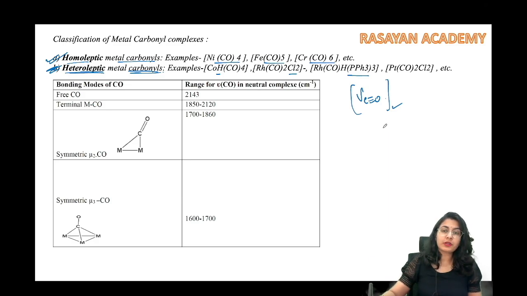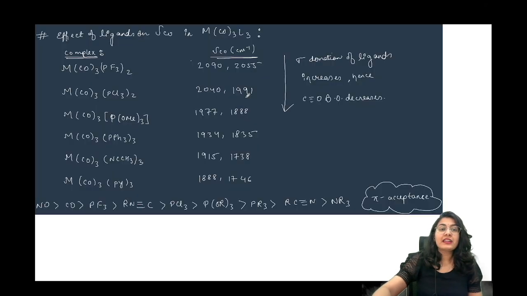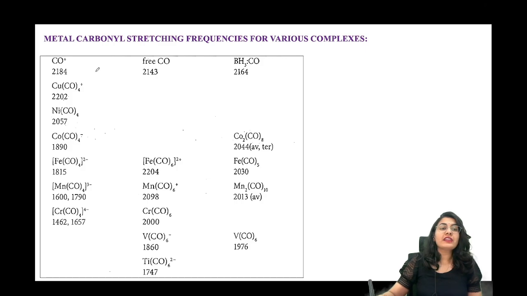So जो free carbonyl होता है guys, a free carbonyl, this shares the maximum stretching frequency for a carbonyl, that is 2143. Now you have to remember this value 2143. क्या ये maximum है? इससे ऊपर नहीं जाता है? Definitely जाता है.